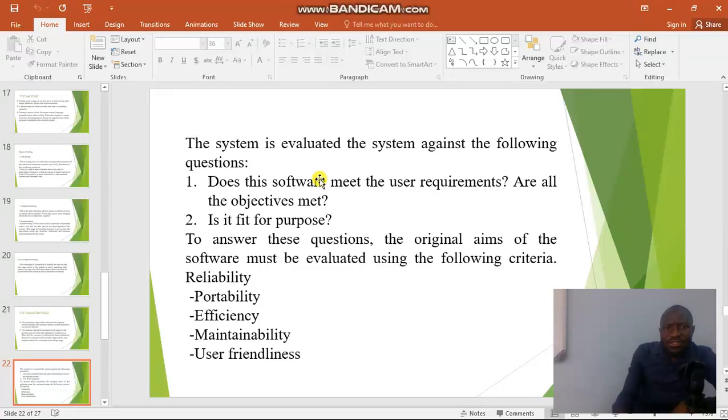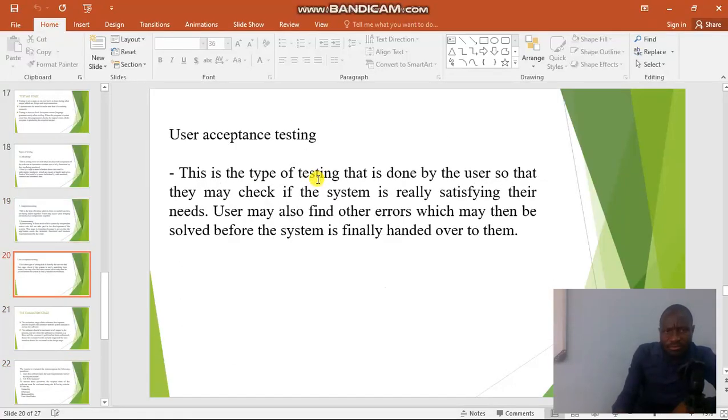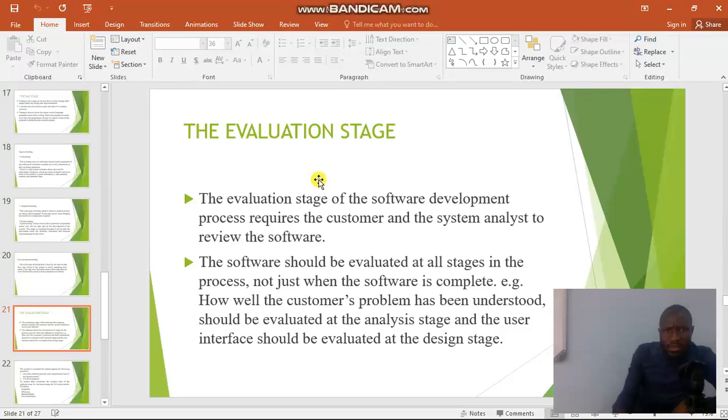Then let us continue with the evaluation. The evaluation stage of the software development process requires the customer and the system analyst to view the software.